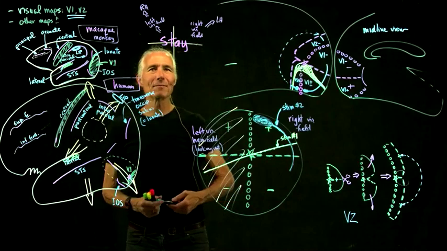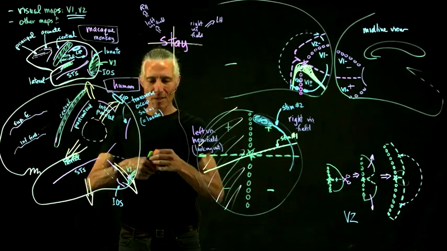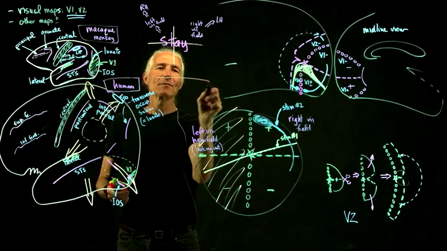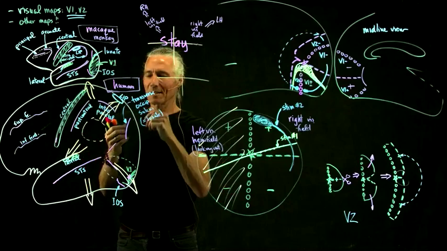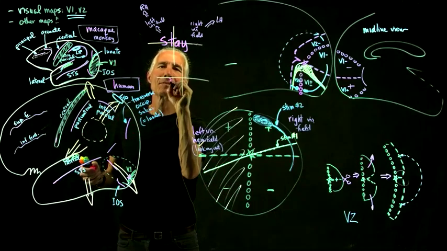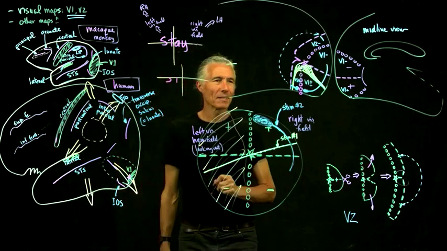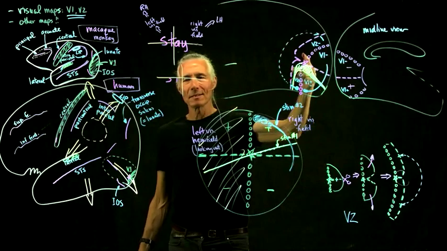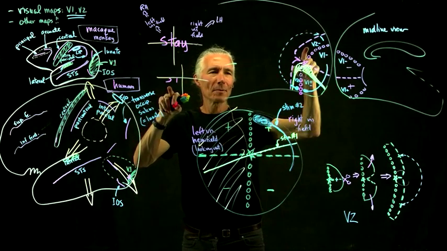V2 is going to be an even greater mess. Let me just make another drawing. It's going to take just the bottom of the S and the bottom of the T and put that into one of the quadrants. This is the lower quadrant, so it's going to end up over here.